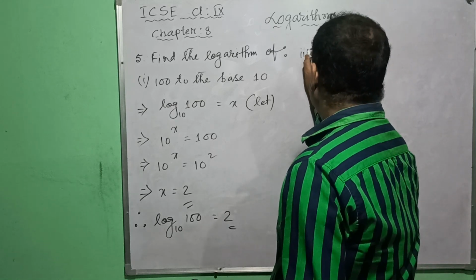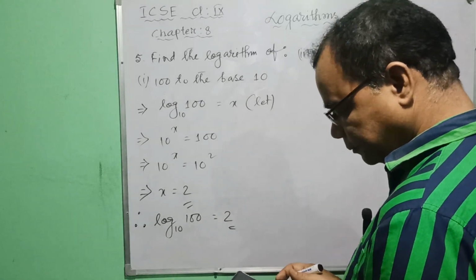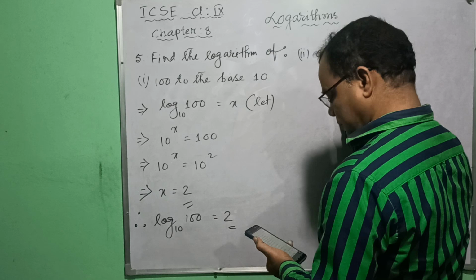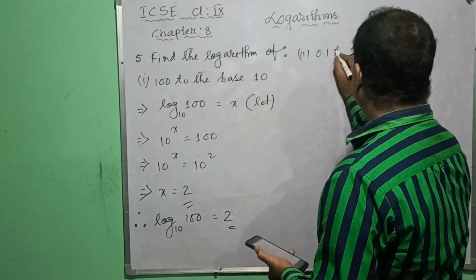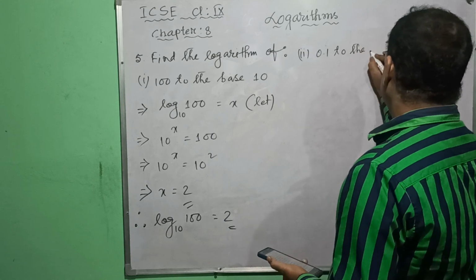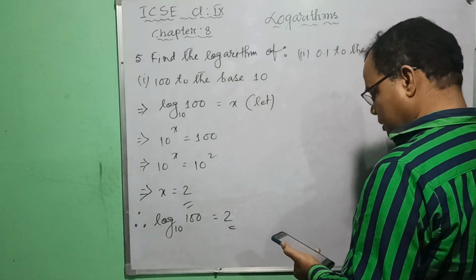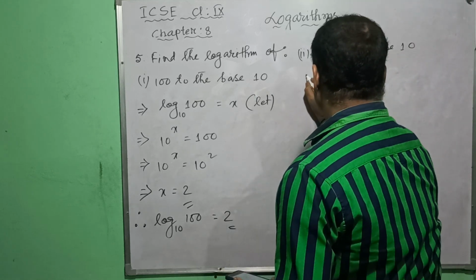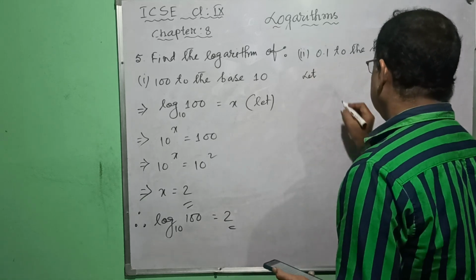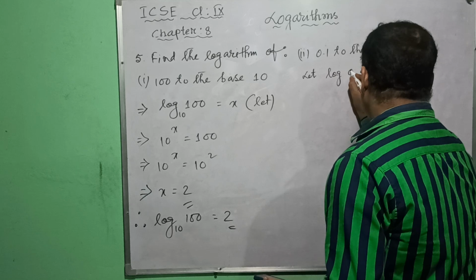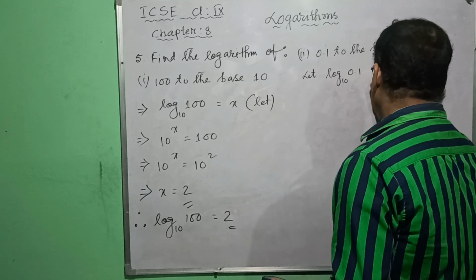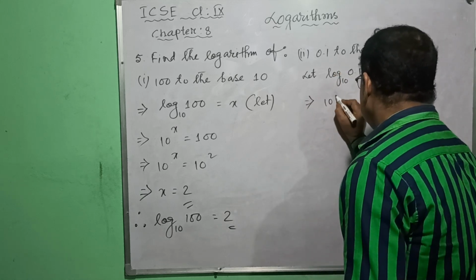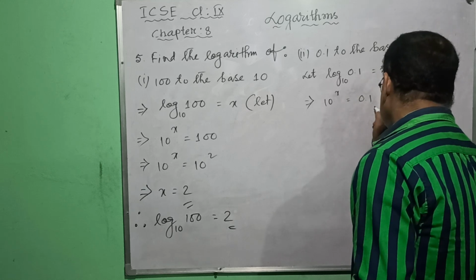So in number 2, it is given log of 0.1 to the base 10. In a similar way, we can write let log 0.1 base 10 equal to x. This implies we can write 10 to the power x equal to 0.1.